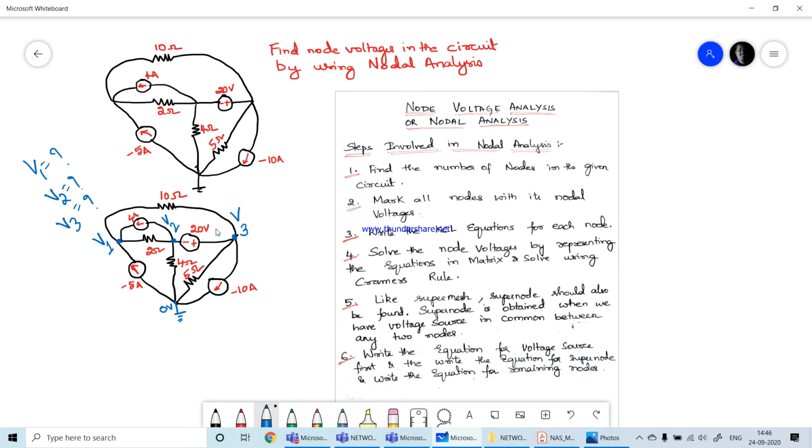Therefore, in between V2 and V3, you see a voltage source is connected without any other element. There should be only a voltage source, not any resistance connected in series with this voltage source. If you have a voltage source in common between any two nodes, then those nodes are called a super node.